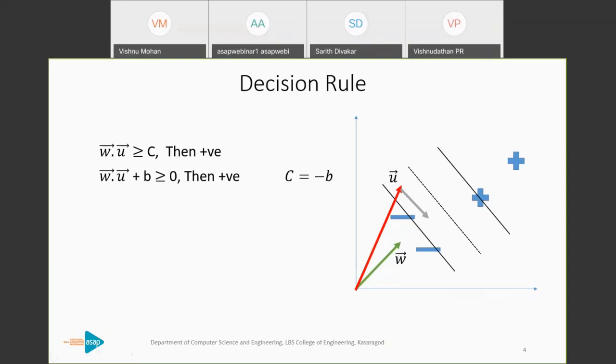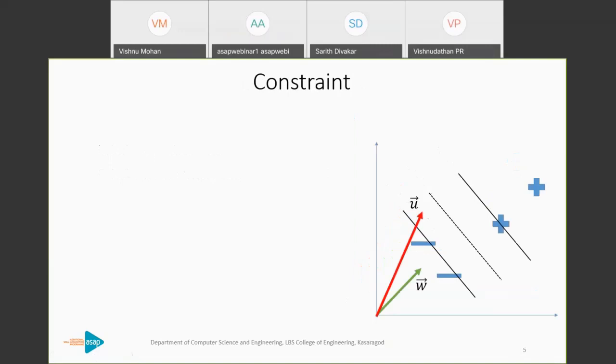Now let us see how we can add some more constraints to this decision rule and get something out of it. For that, I'm going to take the positive samples and the negative samples separately into our decision rule. I will label the positive samples X plus, and the negative samples X minus.